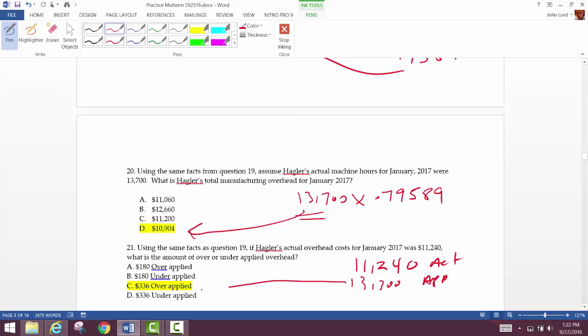That difference, I hope, is this 336. We over applied. Oops, we didn't over apply. We did what? We under applied it, didn't we? So the answer should be D here, shouldn't it?